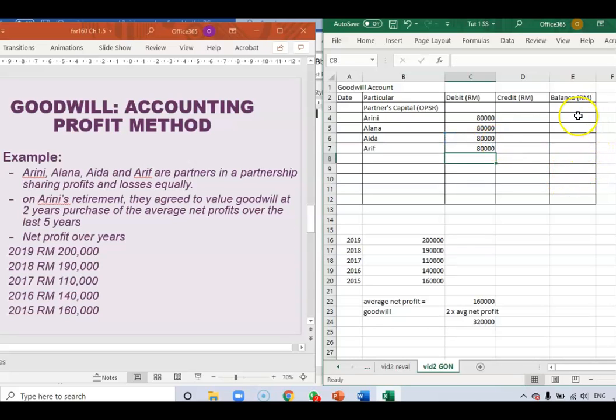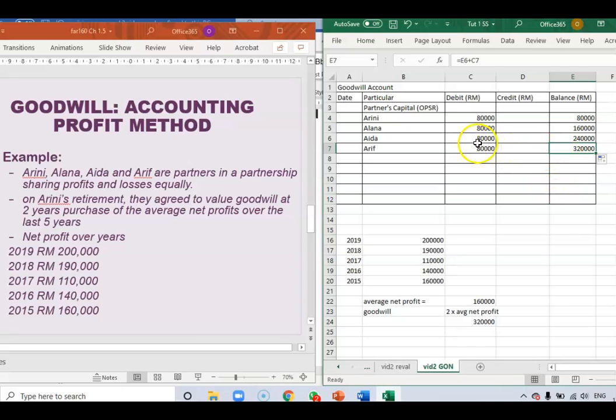So your balance would be 320,000, the balance of the goodwill account. However, the goodwill account should not be maintained in the business books.